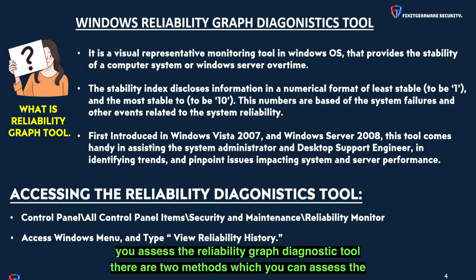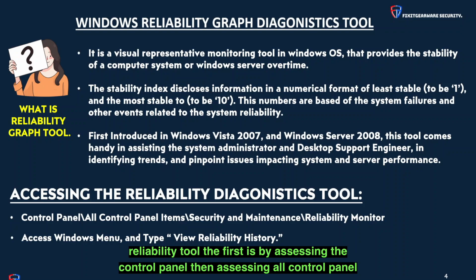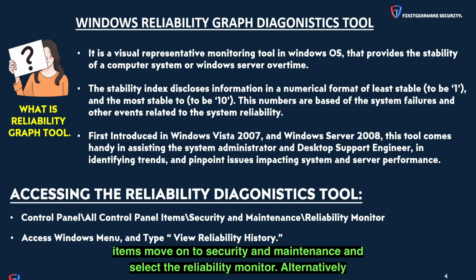So how do you access the reliability graph diagnostic tool? There are two methods. The first is by opening the control panel, then all control panel items, moving on to security and maintenance, and selecting the reliability monitor.